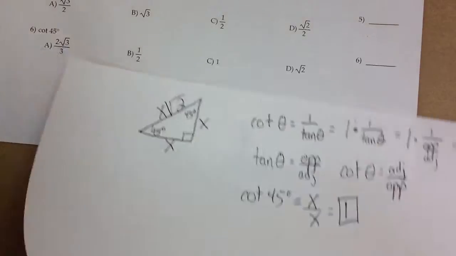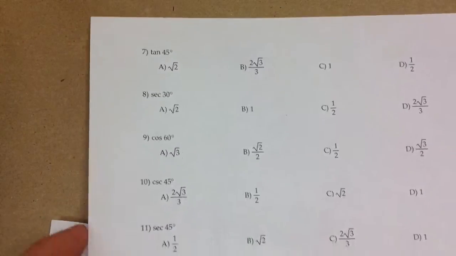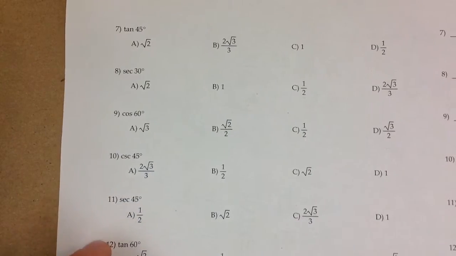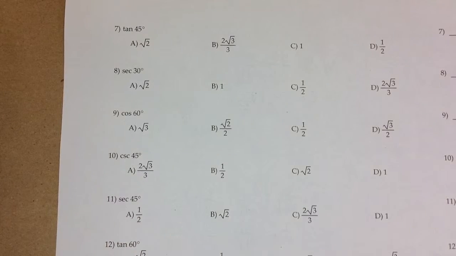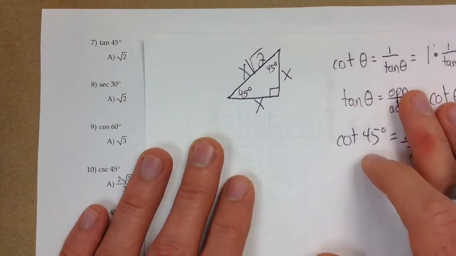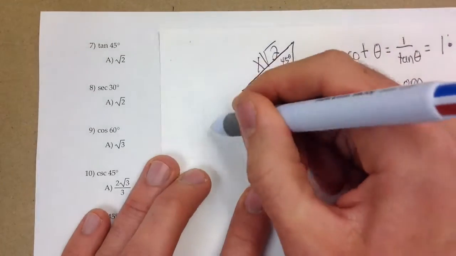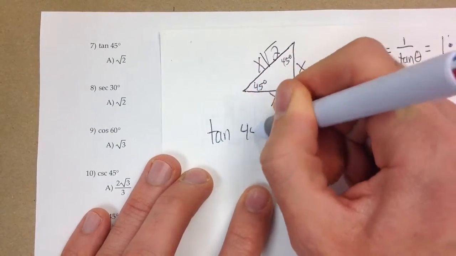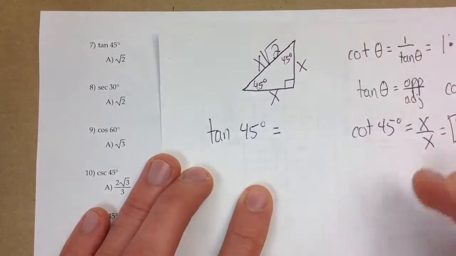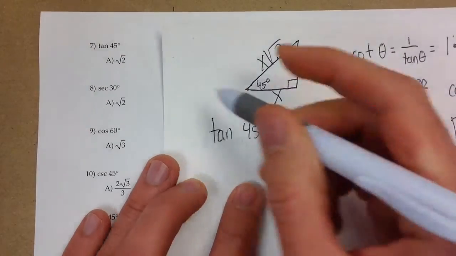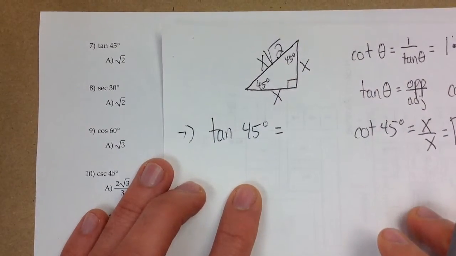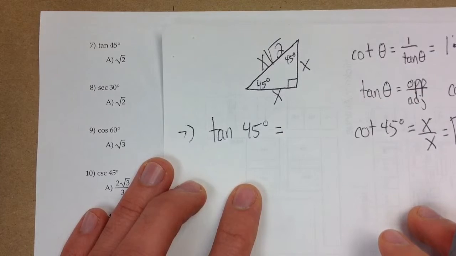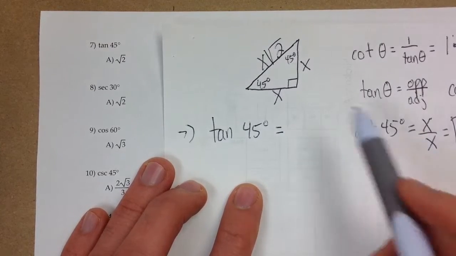Next up, number 7. U and J, tell me how to find the tangent of 45 degrees. Okay, I've done that for you.